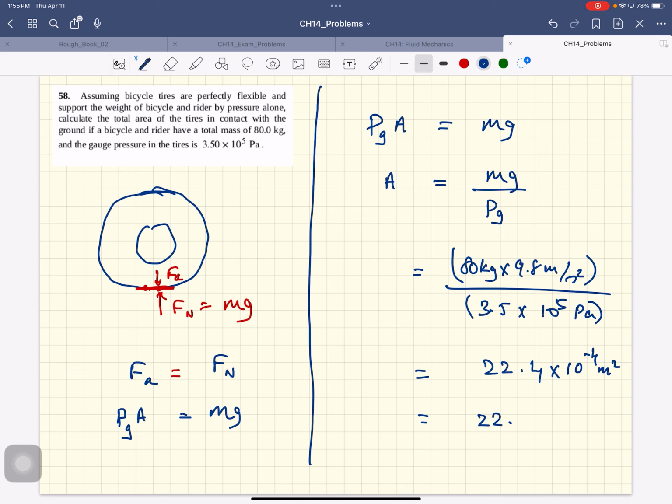So 22.4 centimeters squared. And that's about 5 centimeters, so 2 inches by 2 inches. That's how much area is in contact.